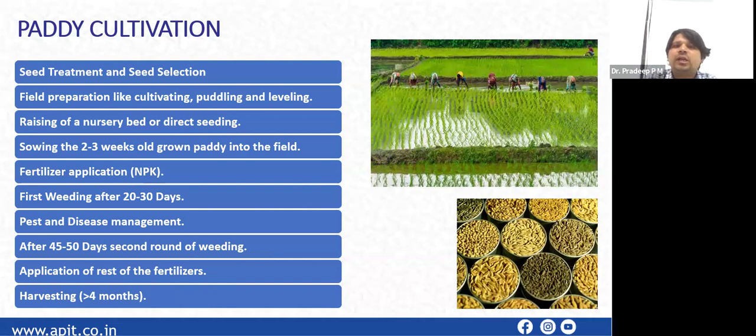And you know that once the plant progresses during its growth stage, we require various fertilizers, NPK. The duration of the growth, or the total span of the paddy cultivation, varies between 40 to 50 days on average.